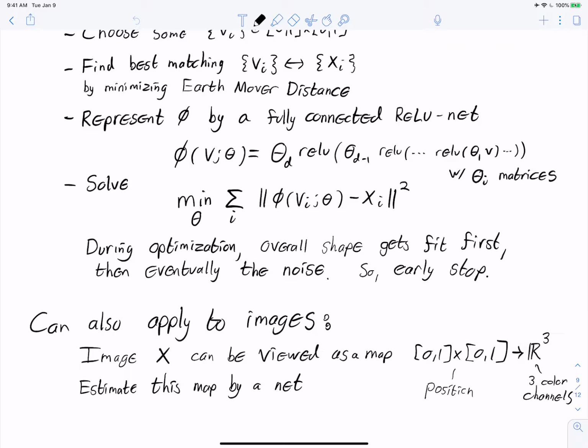So this is an alternative way of thinking of an image, less about the image itself being a vector in n-dimensional space, where n is the number of pixels times 3. Here, this is viewing the image itself as a function, which takes position to color value. This function itself could then be estimated by a neural net, and that is a way to use a deep geometric prior for an imaging inverse problem.